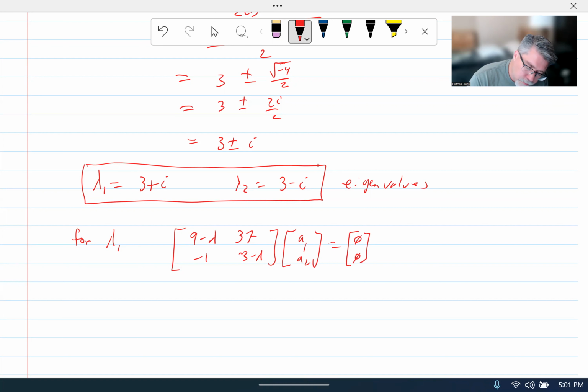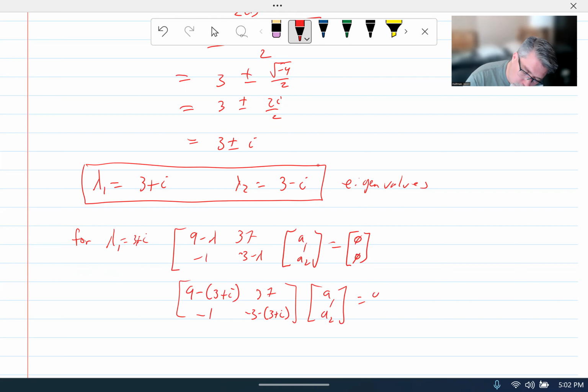Well, for lambda 1, that's 3 plus i. So I've got to subtract 3 plus i from my diagonals. So this is 9 minus (3 plus i), 37, negative 1, and then negative 3 minus (3 plus i), times (a1, a2) is equal to (0, 0).